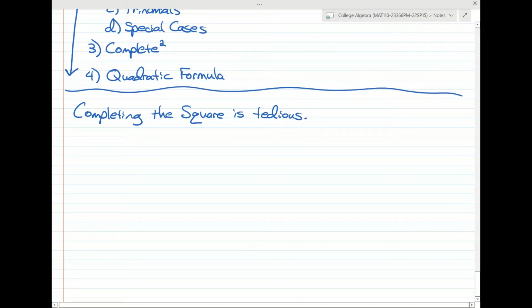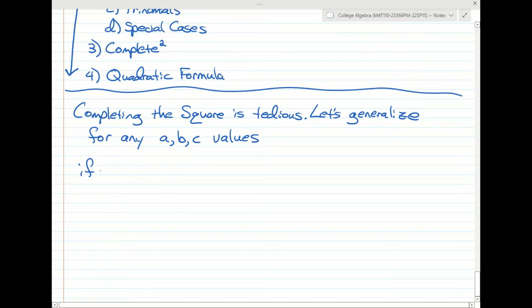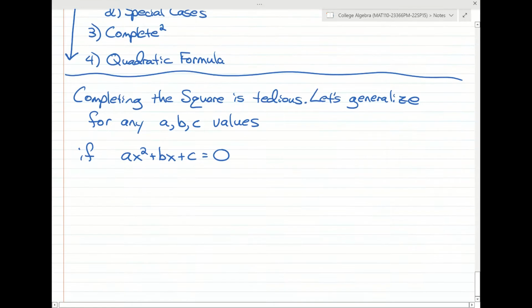All right, so what we're going to do is let's generalize for any A, B, and C values. What I mean by this is if we have a quadratic equation in standard form, let's go ahead and complete the square and see what happens.